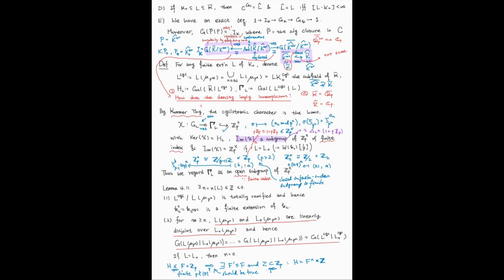If you have basic, I mean, again, think what is this completion? It consists of Cauchy sequences. And then if we take a Cauchy sequence and we apply a Galois automorphism to each individual number in this Cauchy sequence, to each individual element, we get again a Cauchy sequence. Yes, because again, automorphisms in here are automatically continuous.